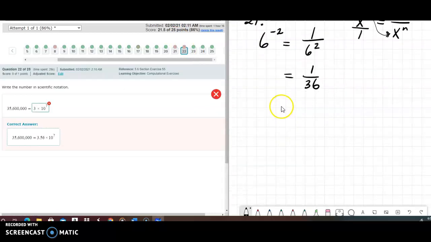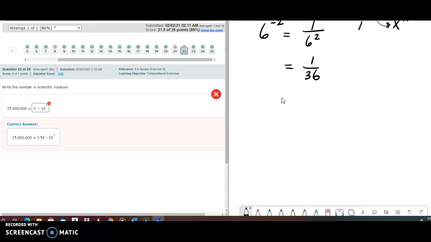And then last I have number 22. For 22, I have a large number, and it asks me to write it in scientific notation. So whenever I do this, I need to pick a number between 1 and 10 for the front number, and I don't want to round this because then I miss these digits.